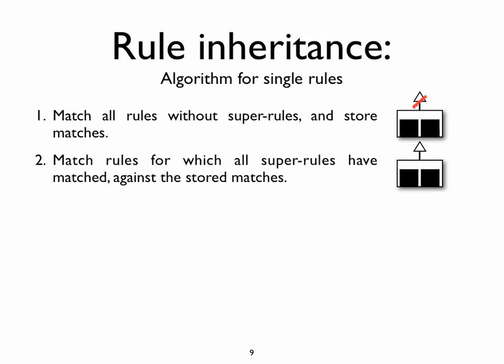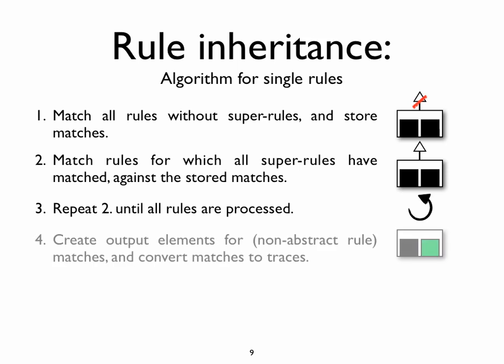So this is how we ensure that we don't start matching any rules for which the super rules haven't yet been processed. And in case there is a match of a sub-rule, we basically override the super rule match and we store the sub-rule match instead. So the step 3 obviously is then to keep on doing 2 until we've gone through all the single rules. And in the end, we're ending up with all matches over all the rules.